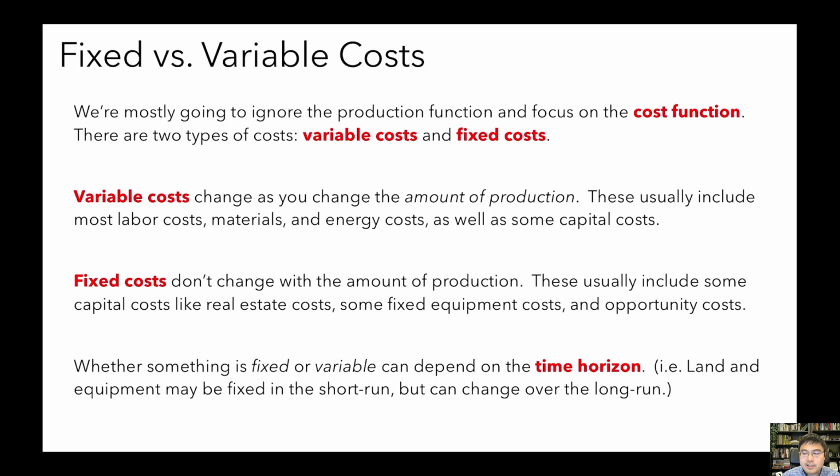But in the long run, if the coffee shop really wants to grow and expand, then it might consider branching out and renting a second space. Okay, in that case, the real estate cost would be a variable cost in the time span that it would take to find another space in order to open a new branch. Okay, so whether something is fixed or variable depends somewhat on the time horizon.